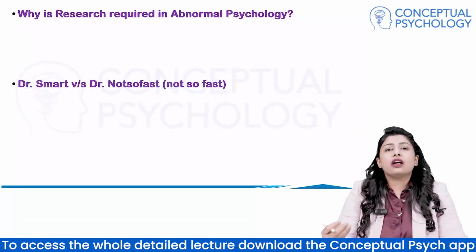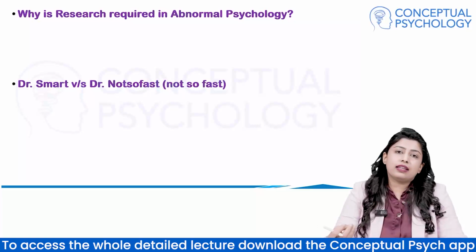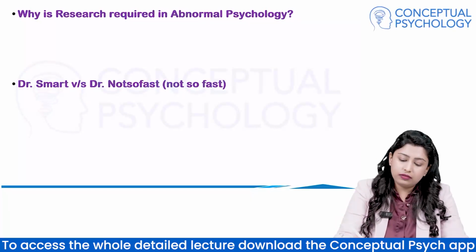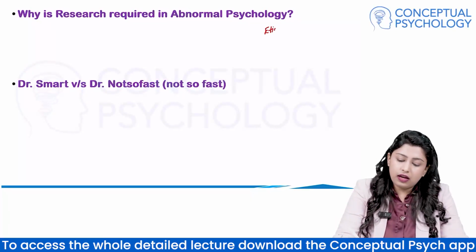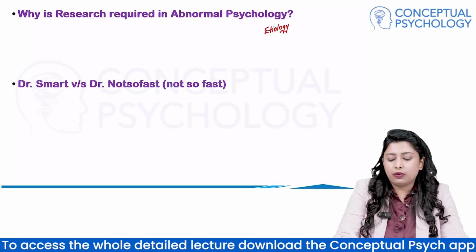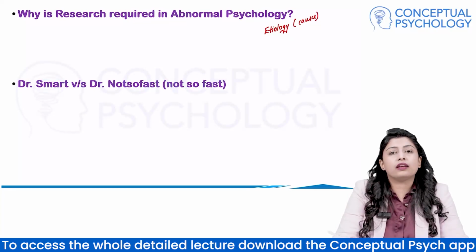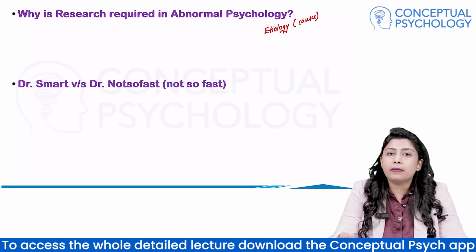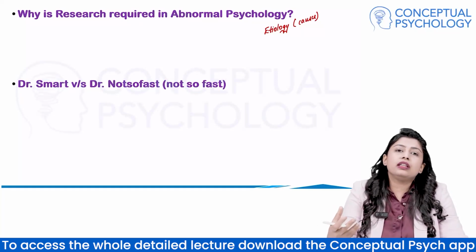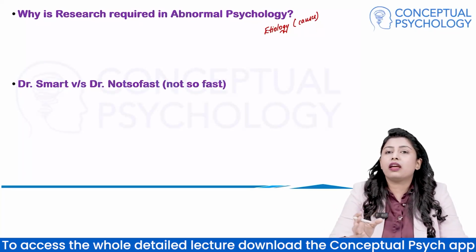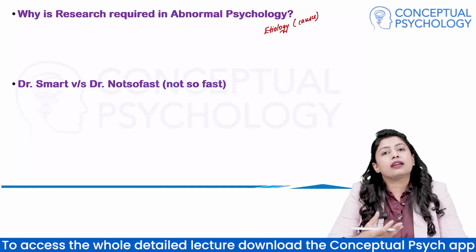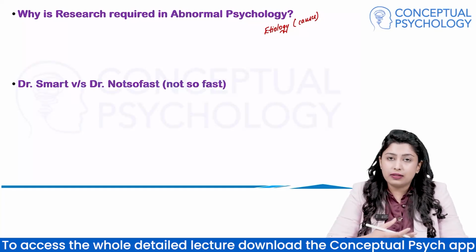So, research allows us to further understand the etiology. Apart from the prevalence, it also helps us understand the etiology, which are the causes of the disorders. And finally, we need research to provide the best care for the patients who are seeking assistance with their difficulties.